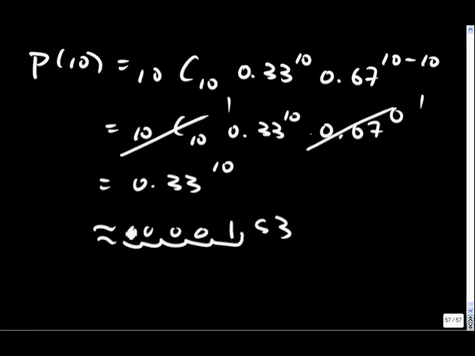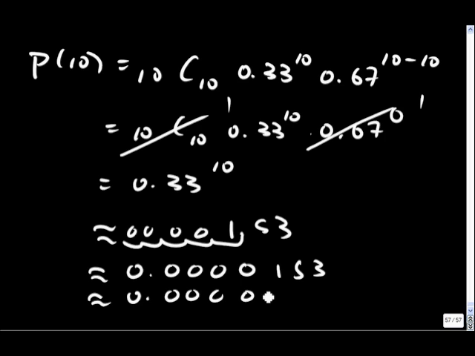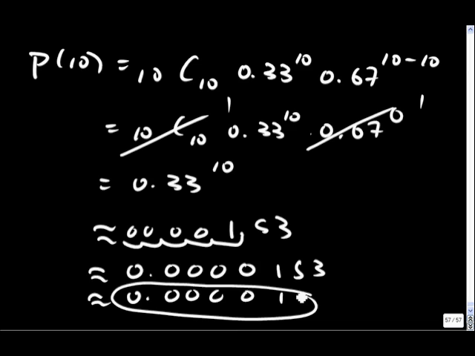So that means we have 1, 2, 3, 4 zeros, then 153. If we approximate this answer to the nearest 10,000ths, you would get approximately 0. Now, I'm going to keep an extra decimal place in this example, to remind you, because sometimes students get a little confused about approximating with 0. So I'm going to keep that 1 just for now. But it is acceptable to say that that is approximately 0.